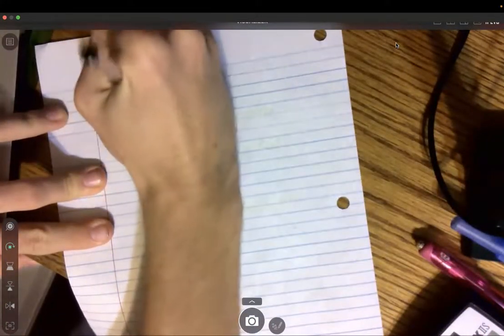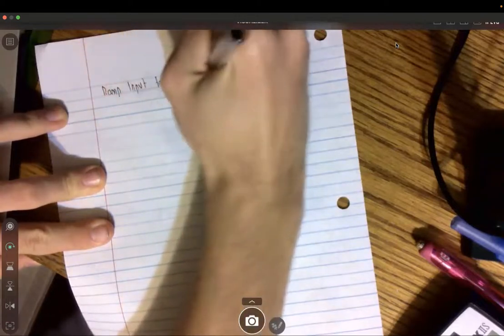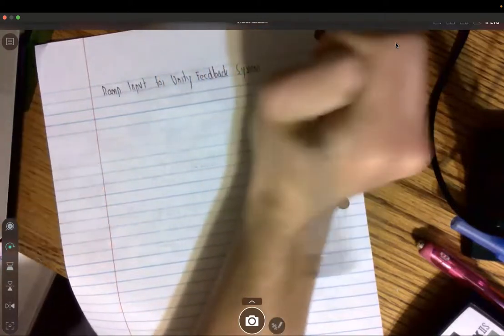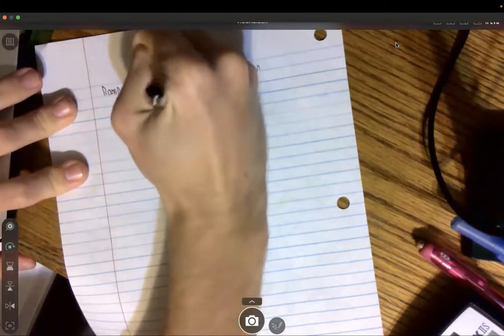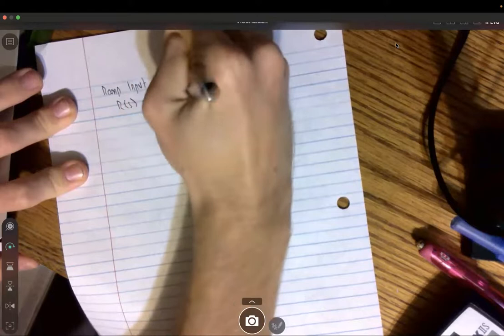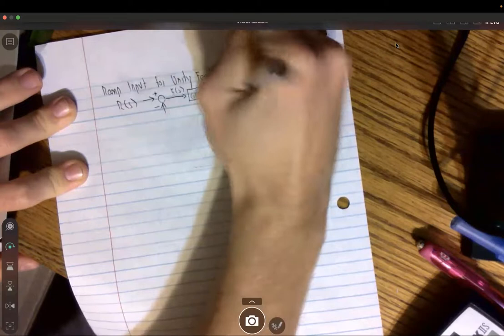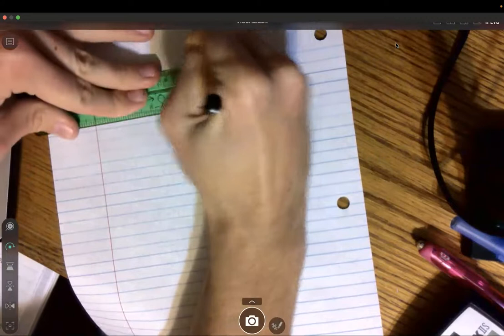Now, what if we have a ramp input for a unity feedback system? Okay, and remember it's given by R of S, and then we have a summing junction where this is plus, this is minus, and then we have our error, this is E of S, and you have this as your G of S block, your transfer function block, then you have your output, which is C of S, and then here is your feedback.